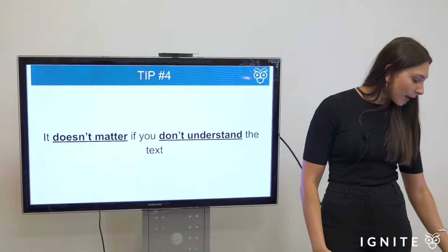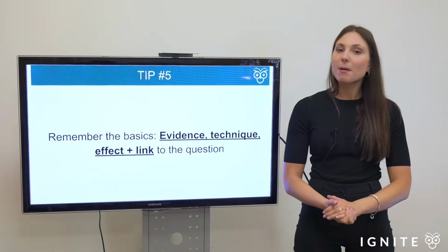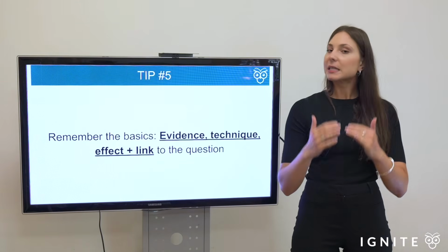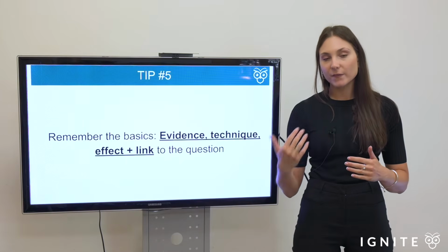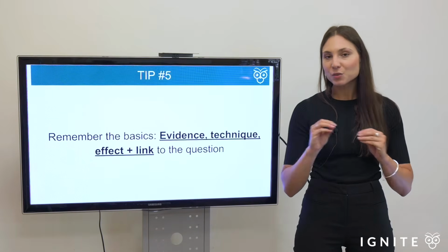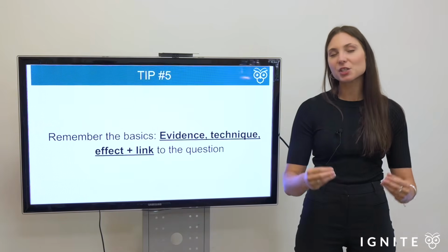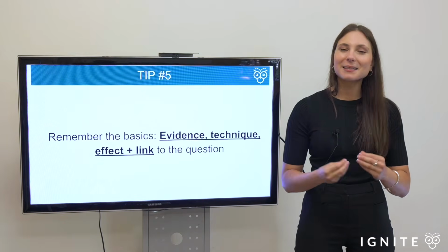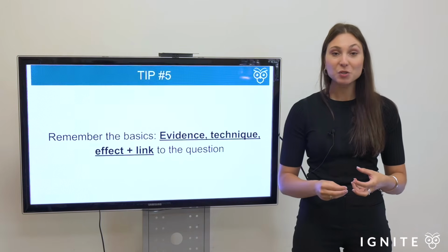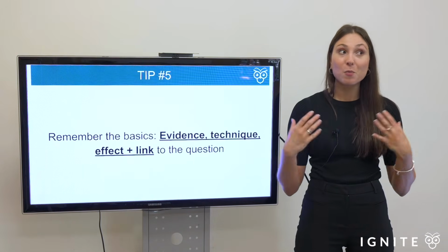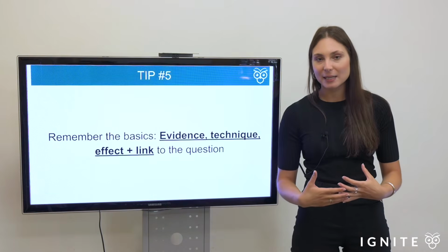And our final tip is remember your basics, okay? At the end of the day, the marker is looking for evidence, technique or form, effect, link to question. Tattoo that sequence onto your mind. When I'm teaching younger students, it's quite common to see them forgetting to actually give me the quote where the technique has been mentioned. Make sure you're actually showing that you can identify where in the text that technique is taking place.